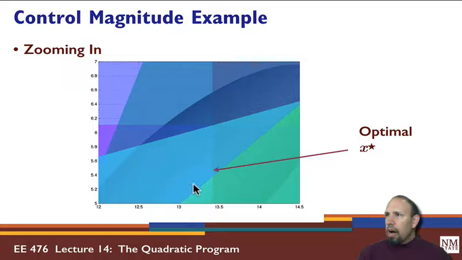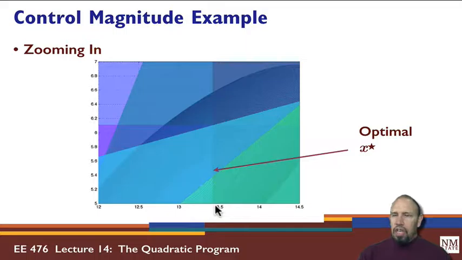So our global optimum is not in our region of acceptable values. If we look at the contour line that just barely touches our constraint set, it's right there, and so this is our active constraint. There's our optimal x star, so we can see it's roughly 5.4 something and 13 point something.